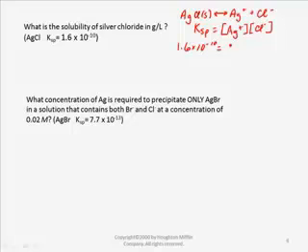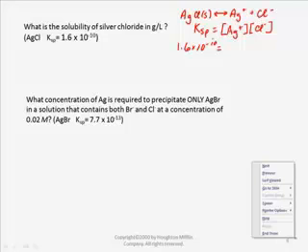If the solubility of the silver chloride is X, we get one silver ion and one chloride ion for each formula unit of the silver chloride.